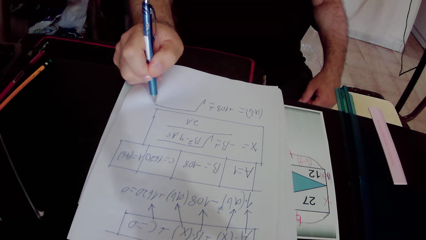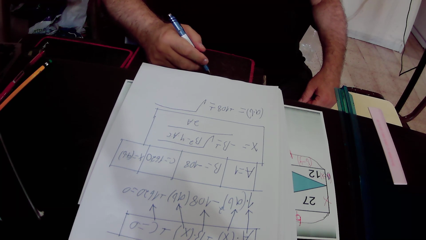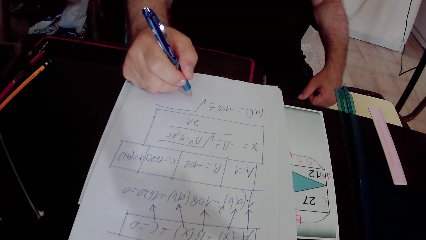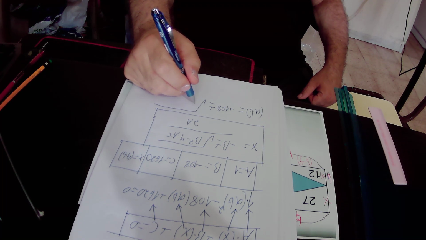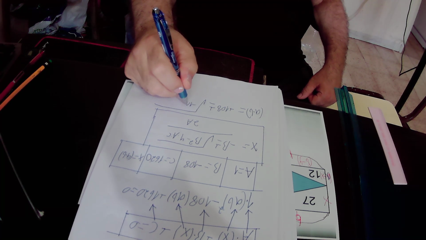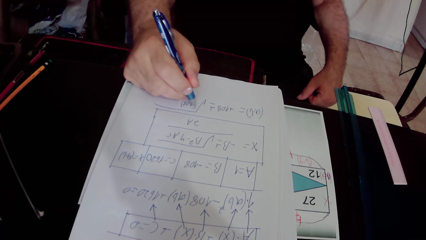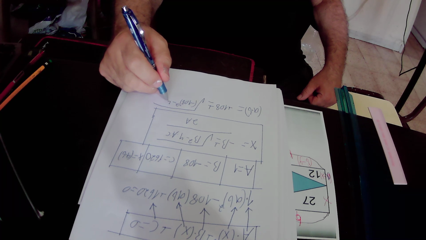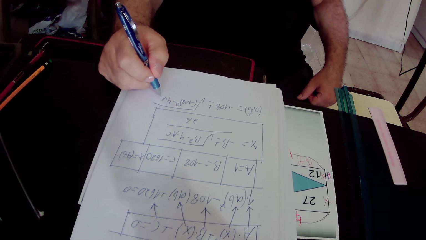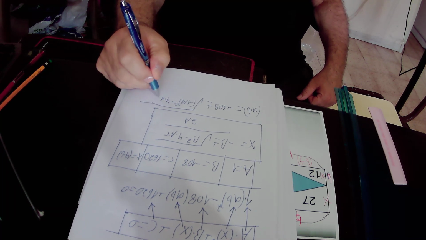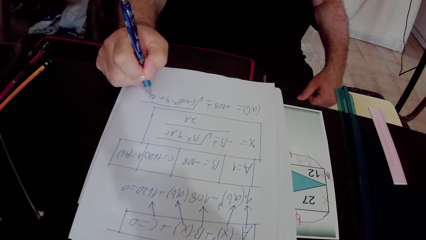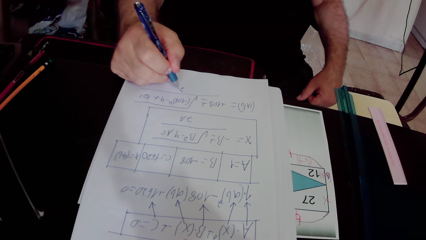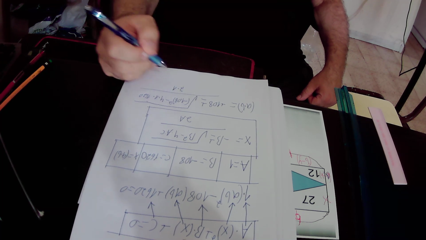So we have plus minus the root of b squared. b equals negative 108, so b squared is negative 108 squared, minus 4 times a, where a equals 1, times c, where c equals 1620, all divided by 2 times a, so it is 2 times 1.